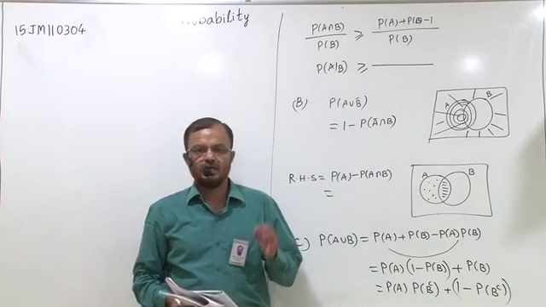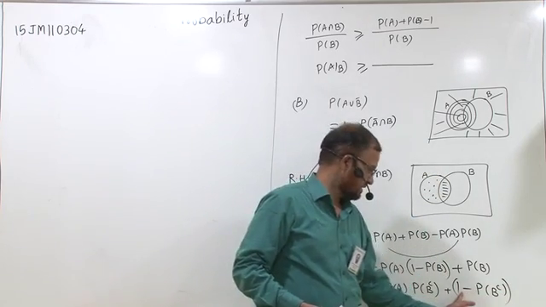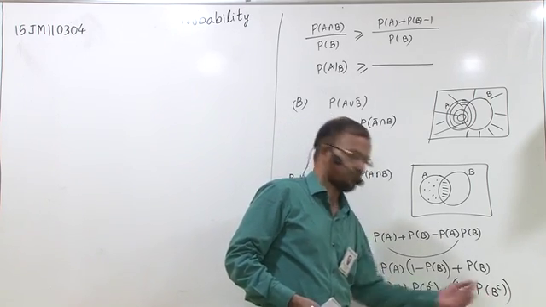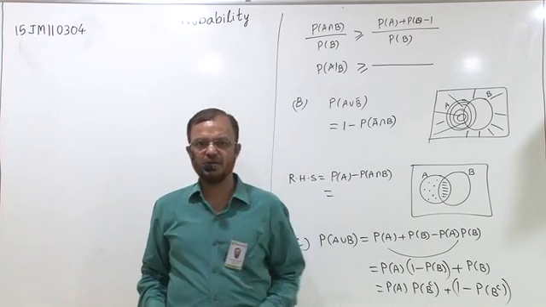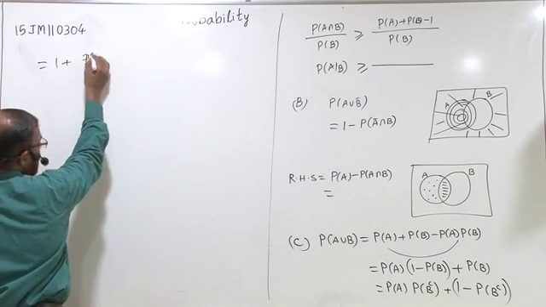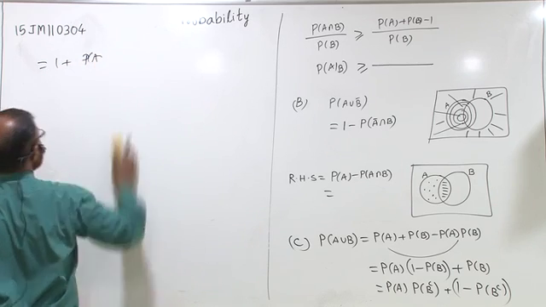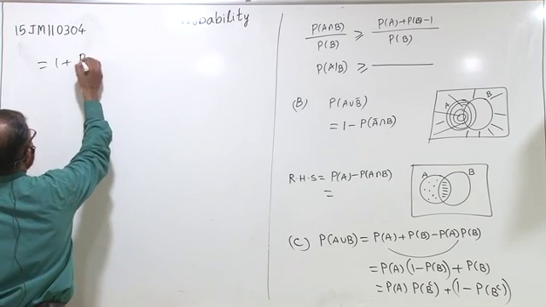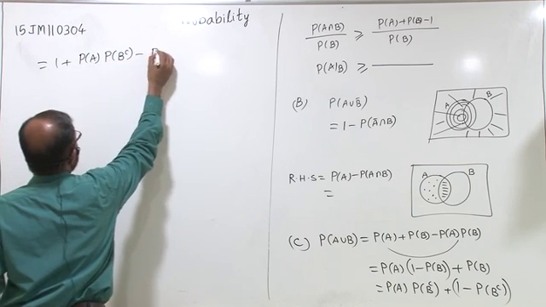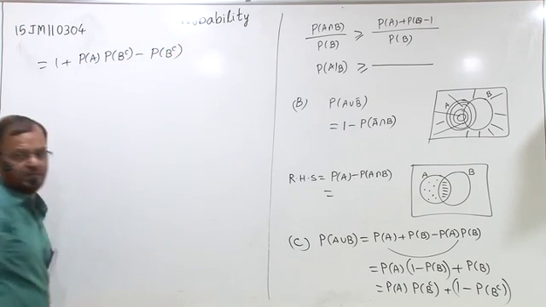Now a one constant is additional here, this one I will write here, and from this and this term I can say probability of B bar is common.